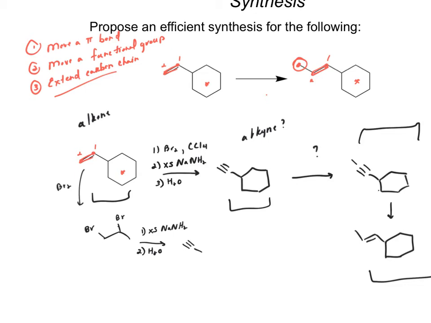Number 2, how do we take this alkyne, our terminal alkyne that we've just made, and add a carbon? That's all we really want to add to it, is just this guy. So we know how to do that, right? We can say, okay, first off, I'm going to deprotonate this alkyne, right? So to do that, I need my sodium amide again.